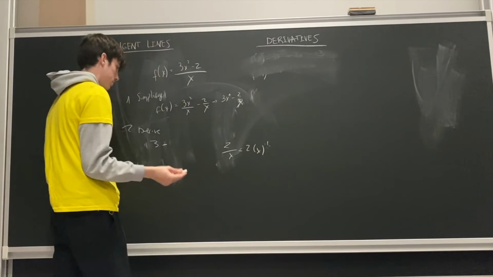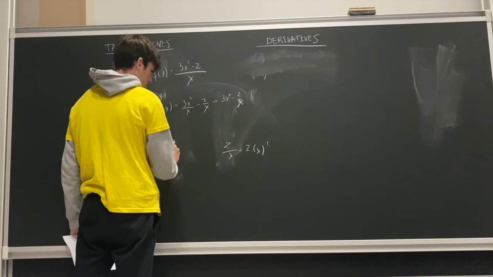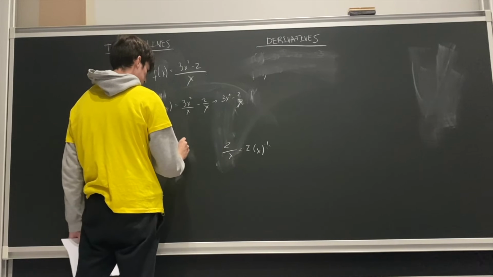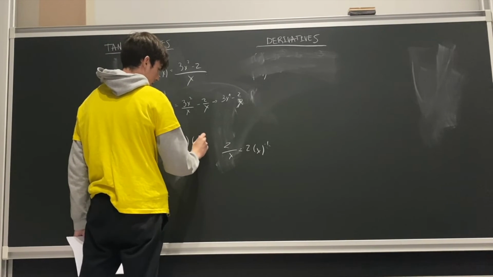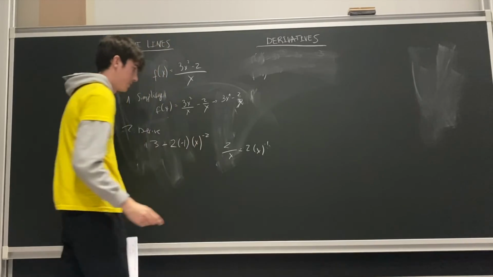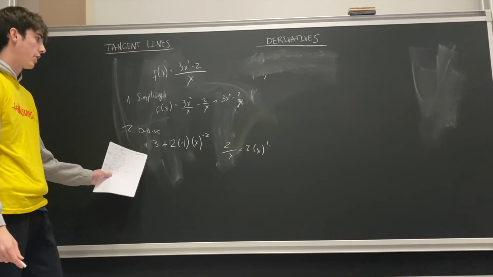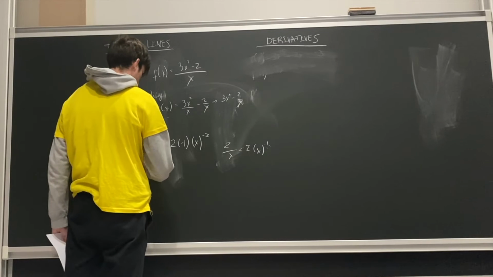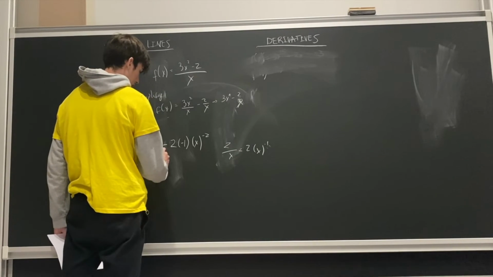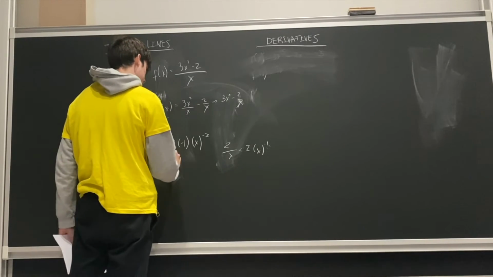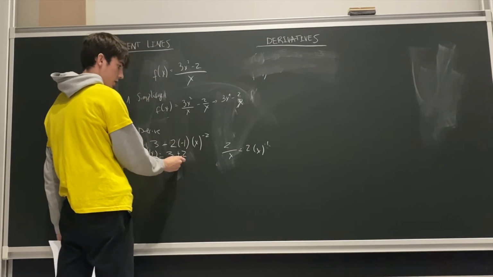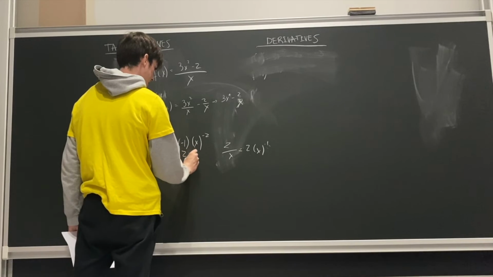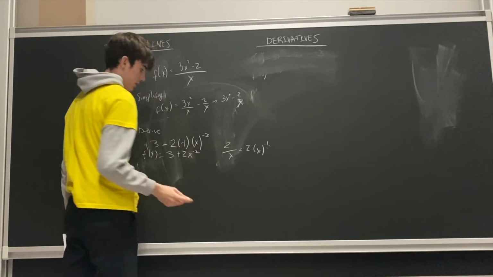Let's put that down all together. Now this is our derivative, we're going to clean it up. So f prime of x is equal to 3 plus 2, because minus and minus is a plus, times x to the minus 2 power.